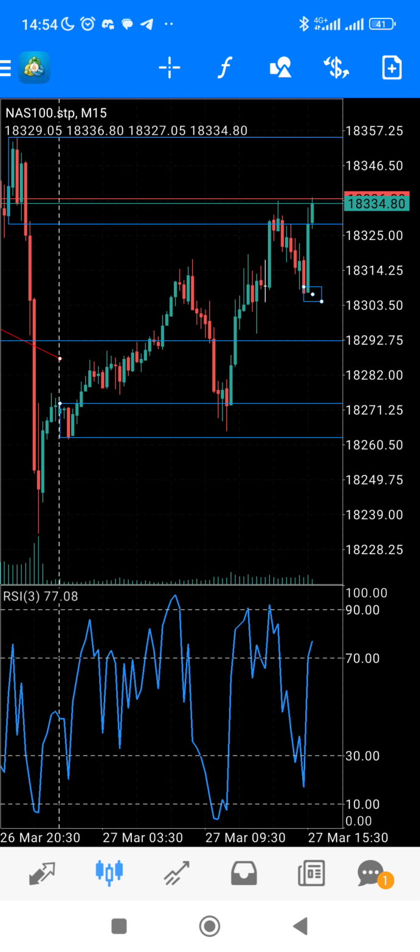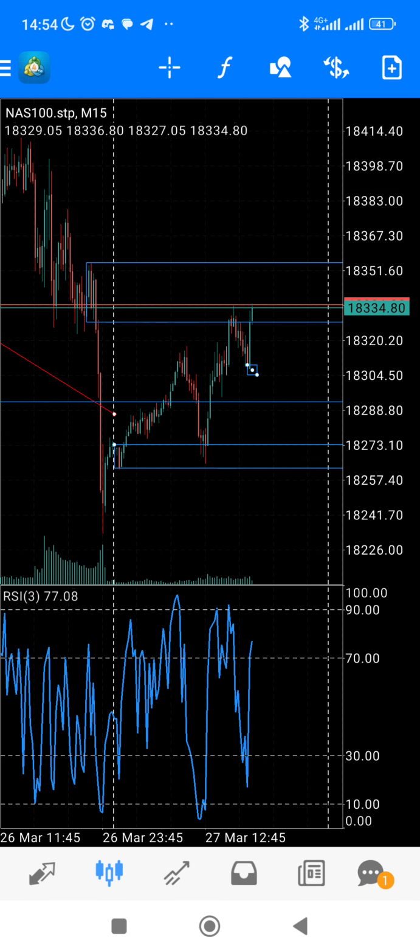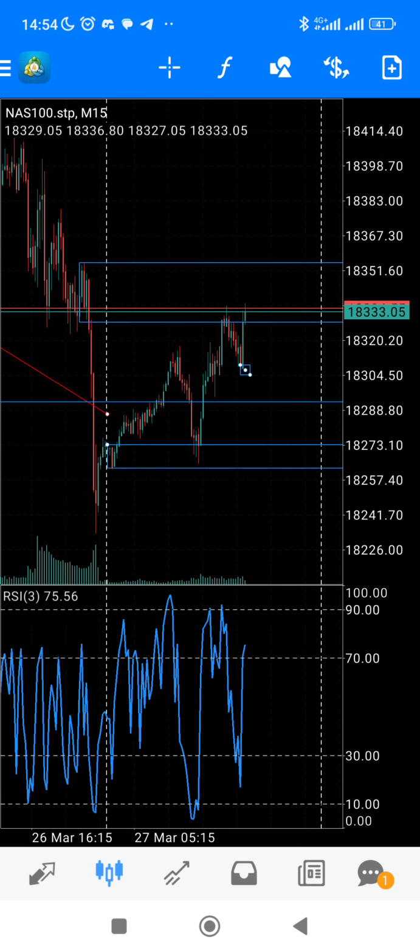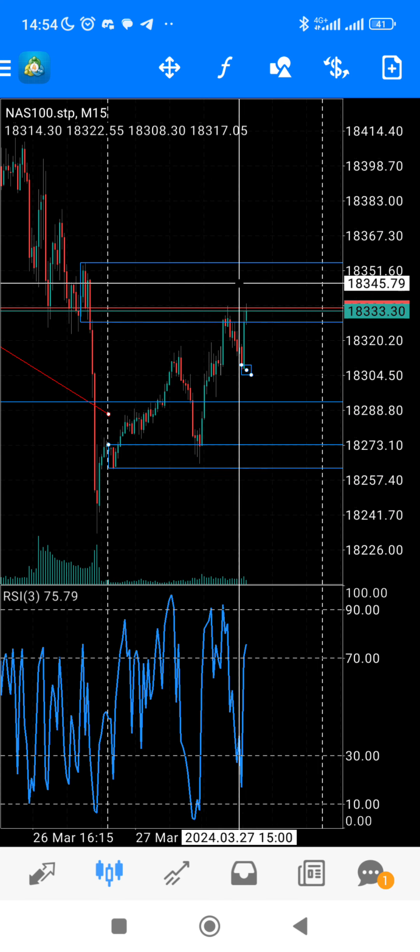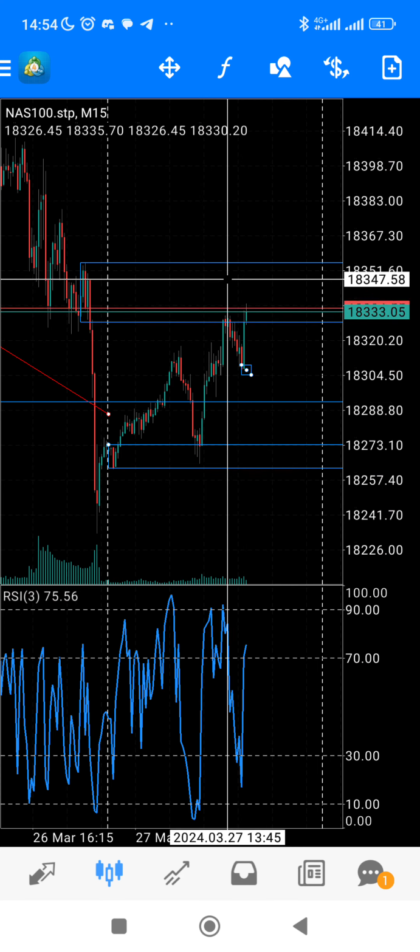The price hasn't fully developed yet, so now we just have to watch the market. The stock market open will be at 3:30 South African time.